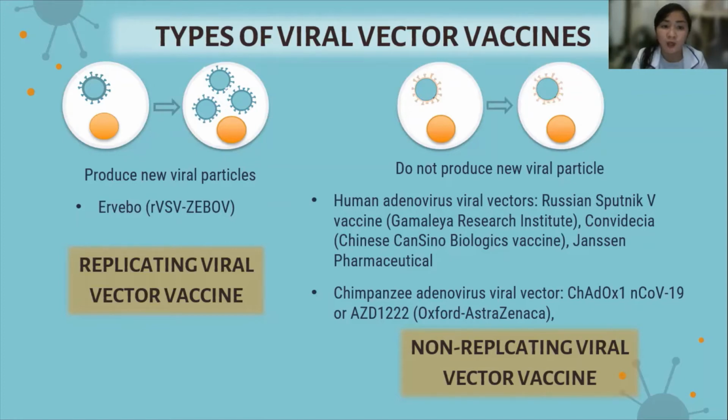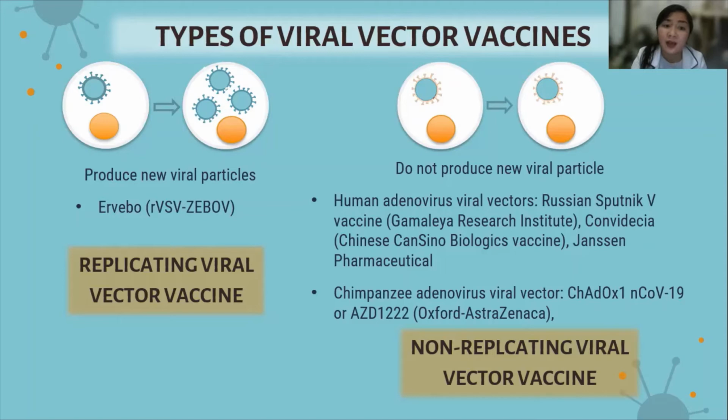Now we have the non-replicating type of delivering vaccine. This type does not retain the ability to make new viral particles, unlike the replicating viral vector vaccine. This is because key viral genes that enable the virus to replicate have been removed. This is the advantage: the vaccine cannot cause disease and adverse events associated with viral vector replication.